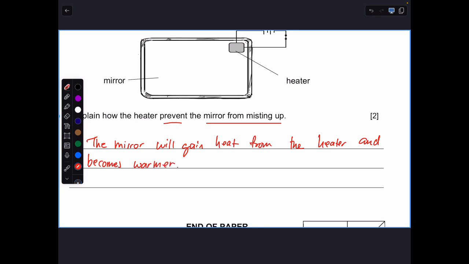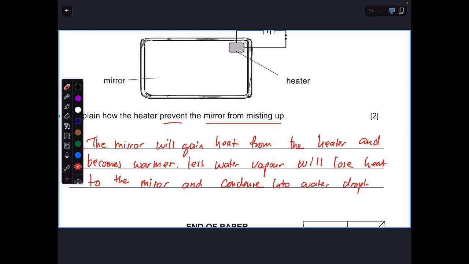Then after that, less water vapor will lose heat to the mirror and condense into water droplets. Okay, so cause and effect.